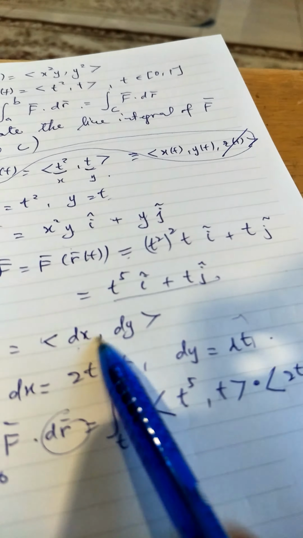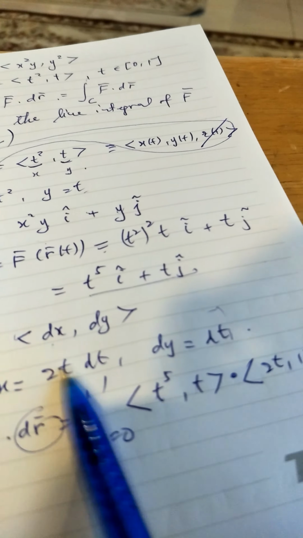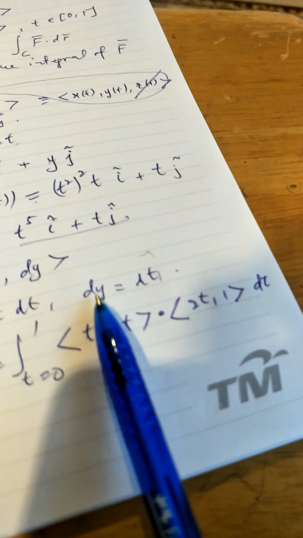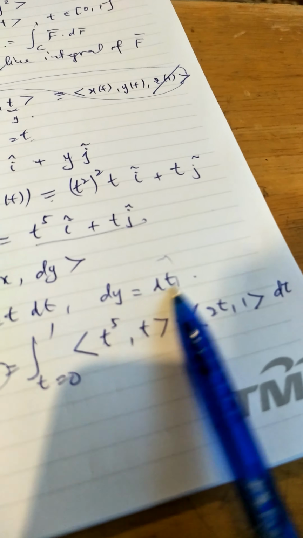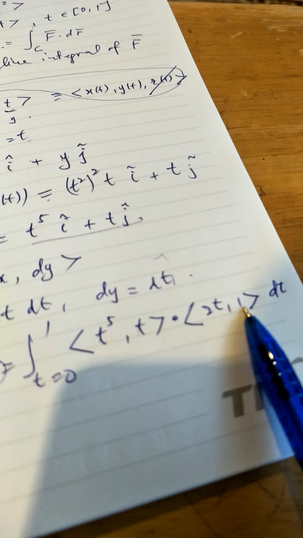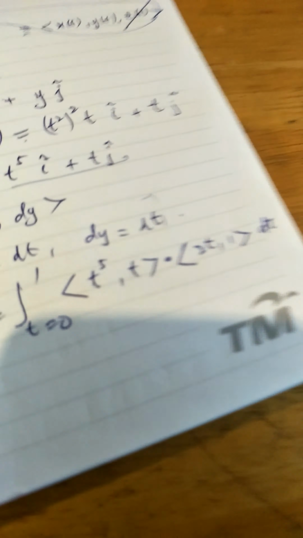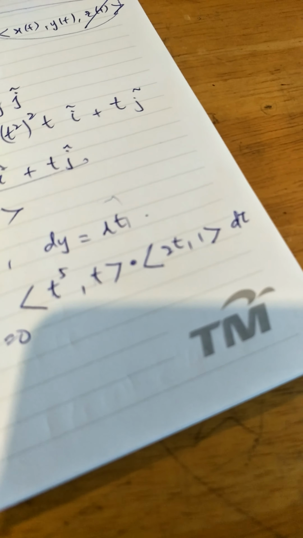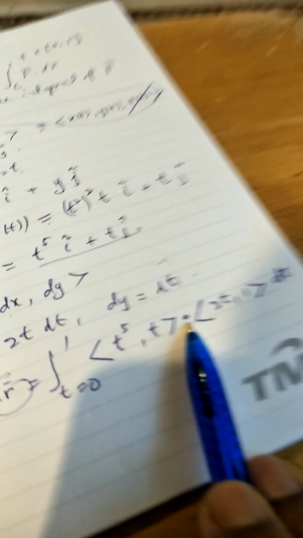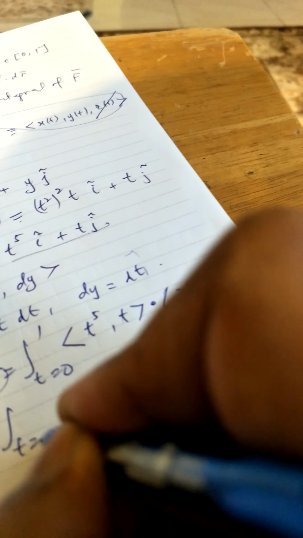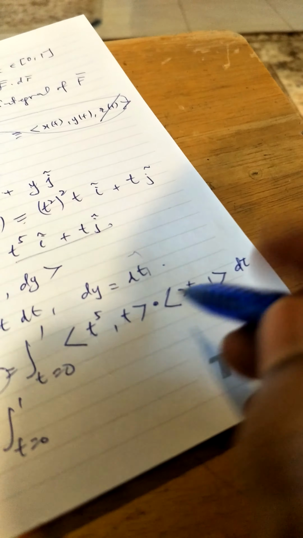So dx is 2t, dt we bring it out, dy is dt, we take out dt, what is left is only 1, so we have 1 there, component for y. Then the rest I think you can do it, should have no problem here. Remember that we have dot product here, do not confuse, this is dot product.